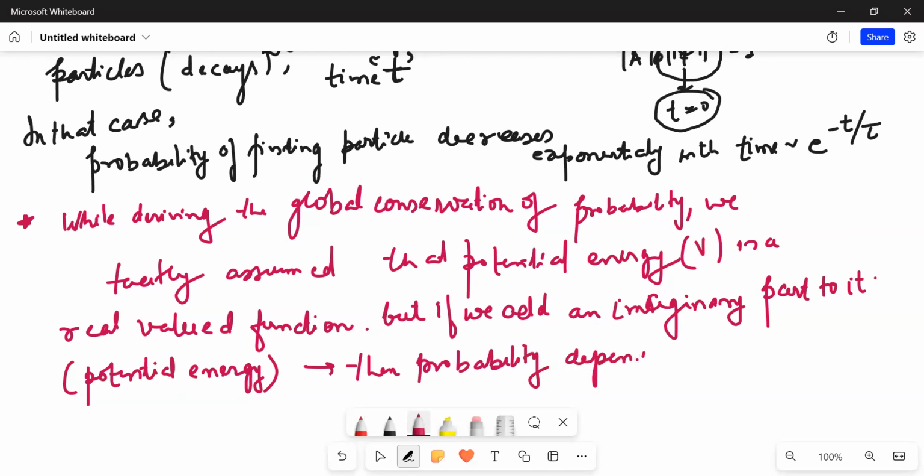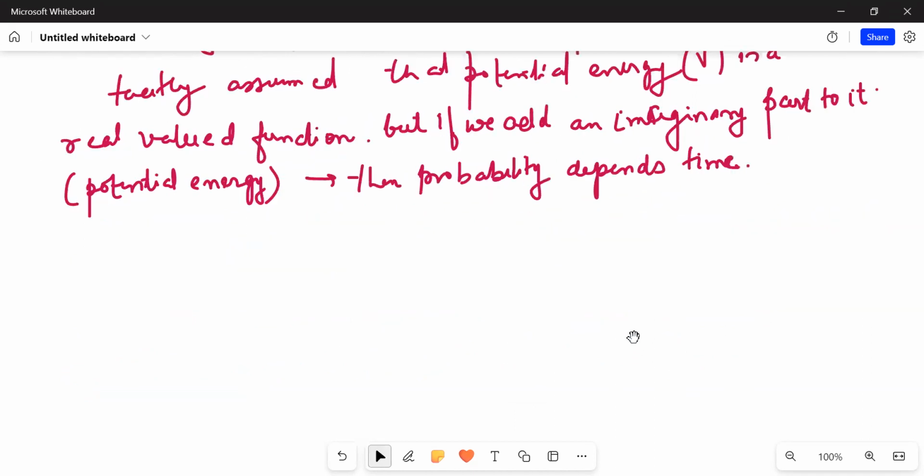So your probability of finding the particle somewhere in the space does not remain a constant if the potential energy is not a real valued function. That is, if we add some imaginary part to it, then probability depends on time. So for unstable particles, one can expect that the potential energy would be a complex valued function.